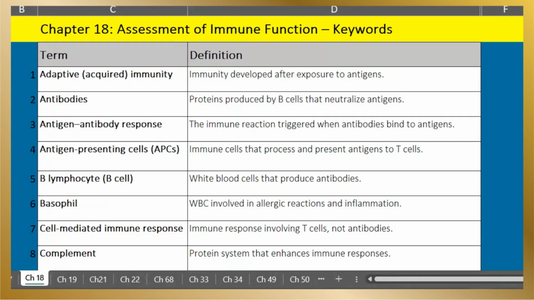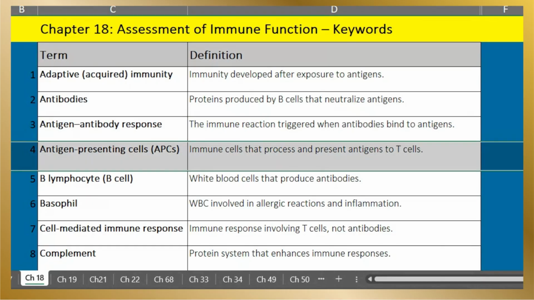Antigen-antibody response is the immune reaction triggered when antibodies bind to an antigen. It occurs in autoimmune diseases like lupus.